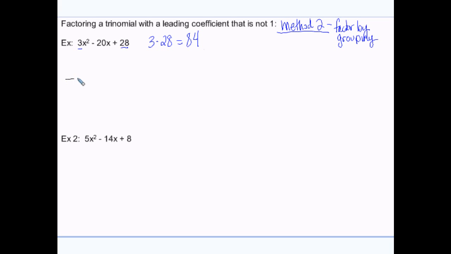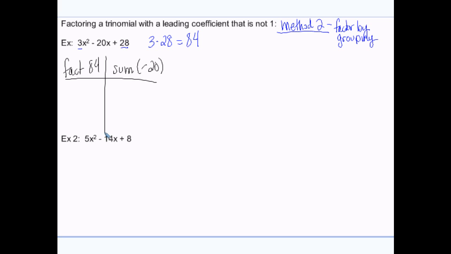So factors of 84, the sum of the negative 20. So I have to think of what multiplies together to make 84. Well, I can do 2 and 42, but that's not going to give me a 20. 12 and 7. Right? 12 and 7.